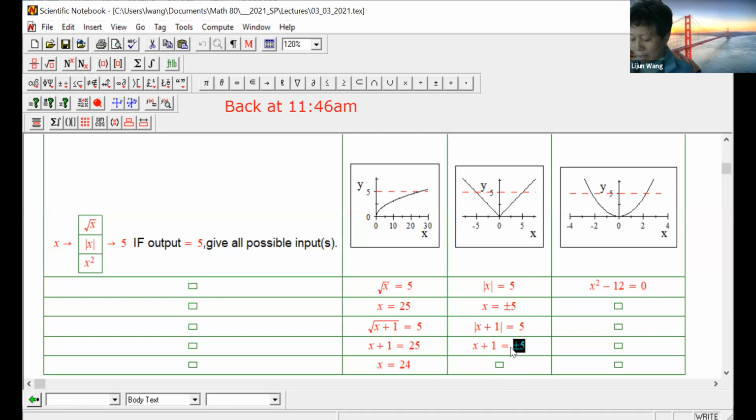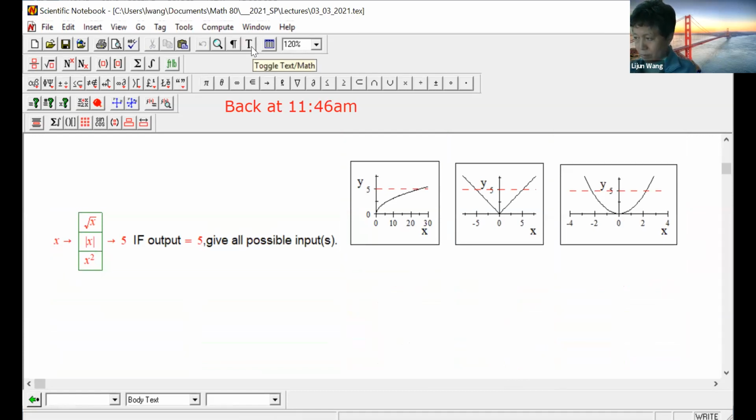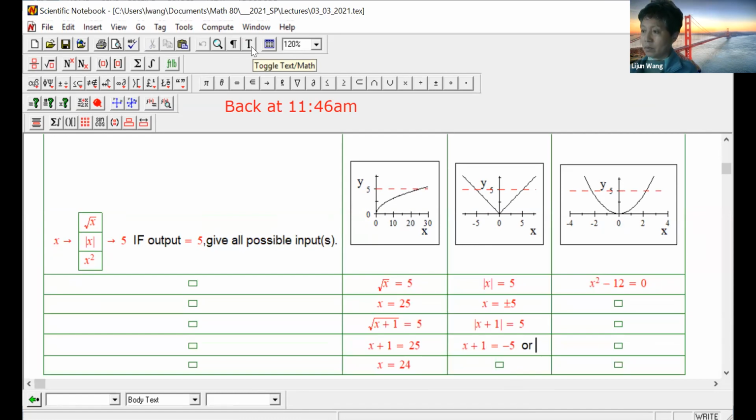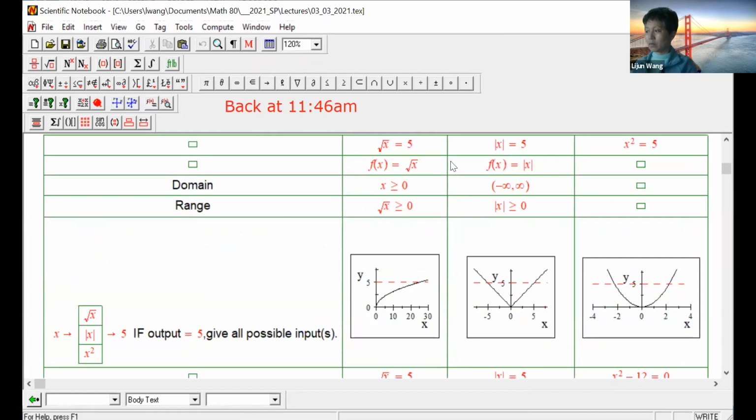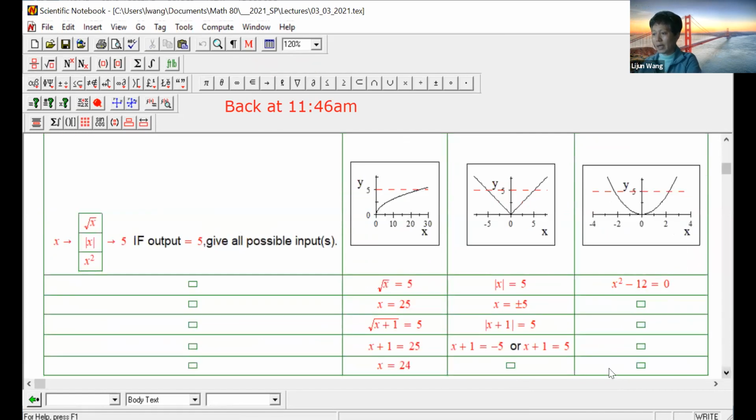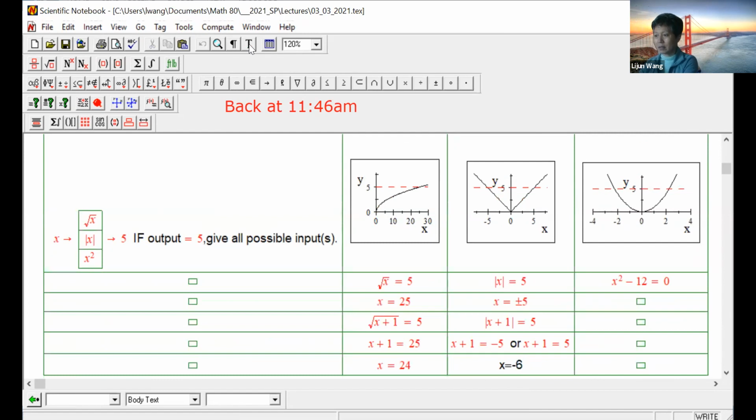If we write it in an expanded form, which is going to be x plus 1 equals negative 5 or x plus 1 equals 5. And we solve each individual equation, and what do we get? We'll get x equals negative 6 or x equals 4.